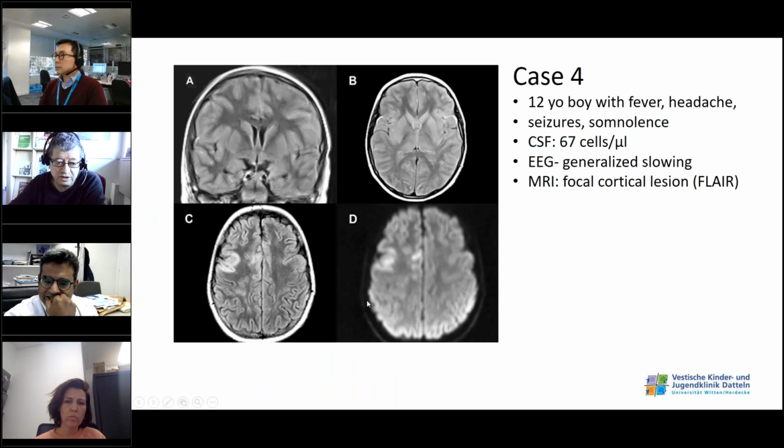This is a second boy, also very typical, with seizures, somnolence, elevated CSF, slow EEG, and MRI focal cortical lesions, particularly well seen on the FLAIR images.